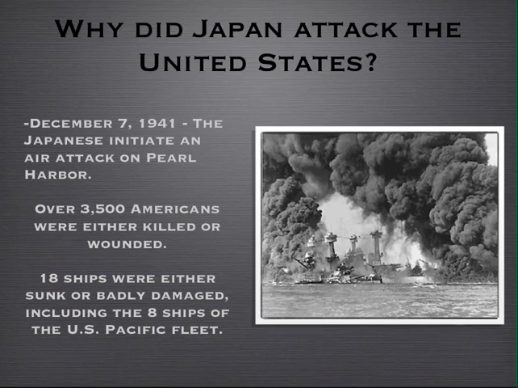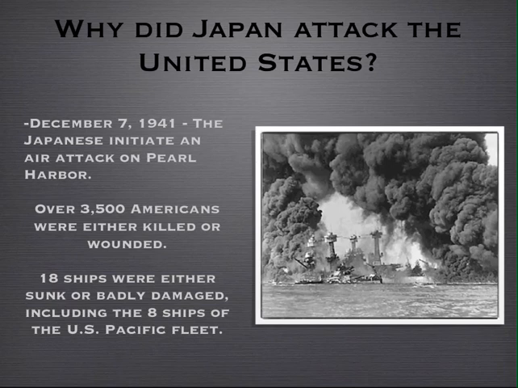And at the time, the fleet had been located in Pearl Harbor in Oahu, Hawaii. So, on December 7th of 1941, the Japanese initiated an air attack on Pearl Harbor, and they bombed the entire fleet that they found there.